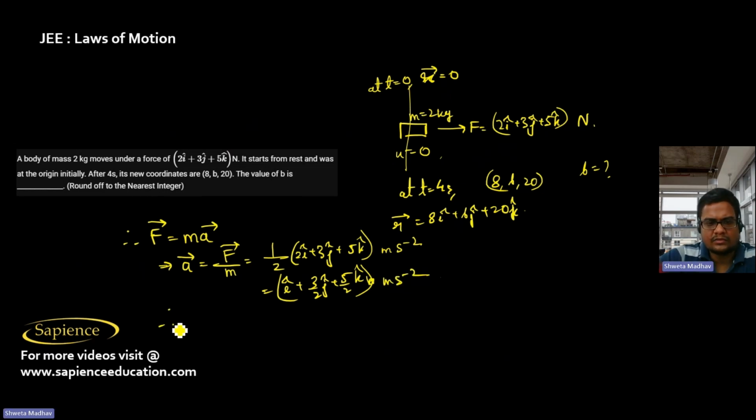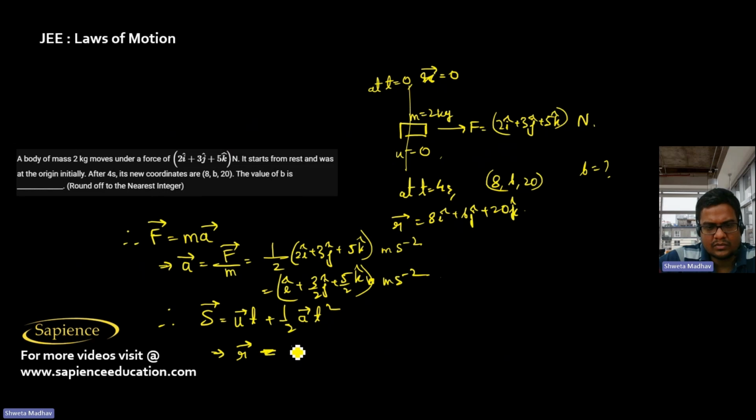And then, as you know, the s vector is equal to u vector into t plus half a vector into t square. Now here the s vector is r vector minus r naught vector, that is 0 only.